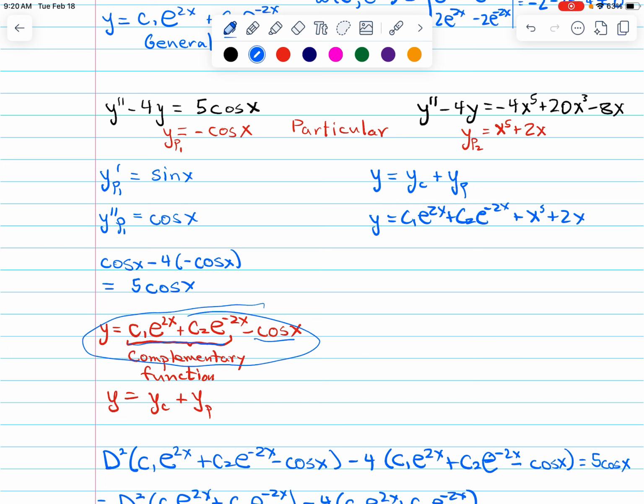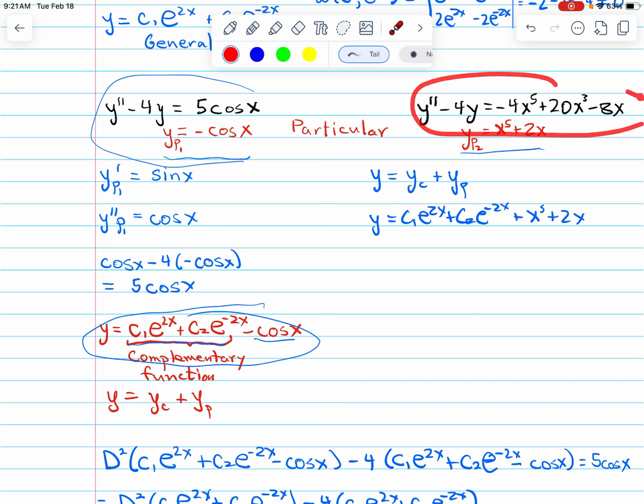Okay, so for both of these, that's the case. Now, I want to show you how we can use both of these. We've got this solution for this one and this solution for this one right here.